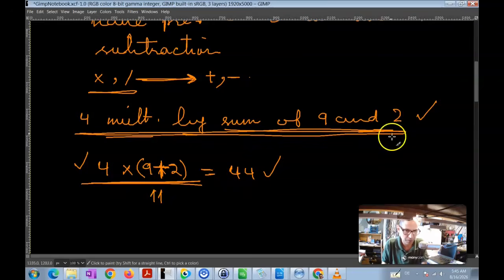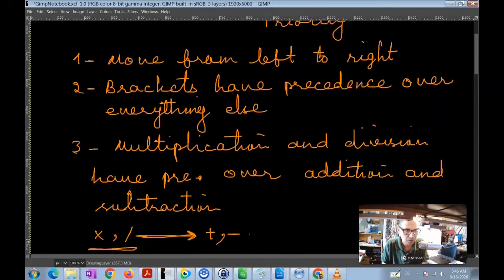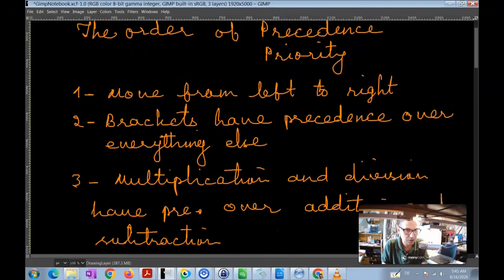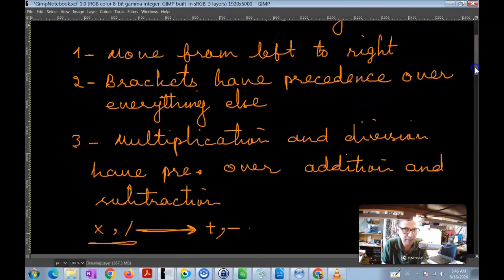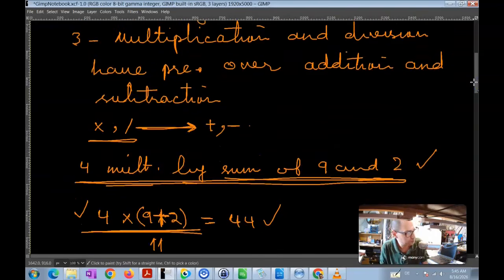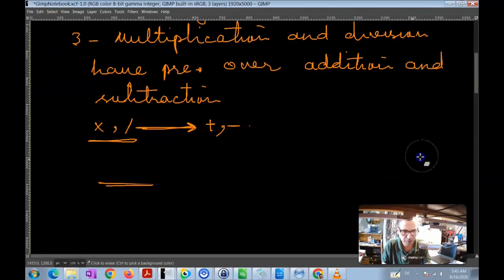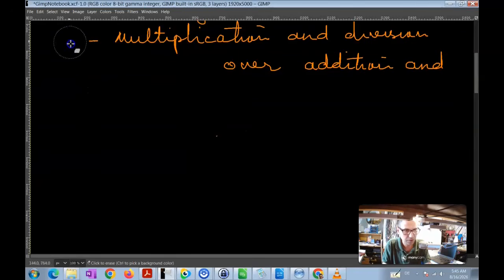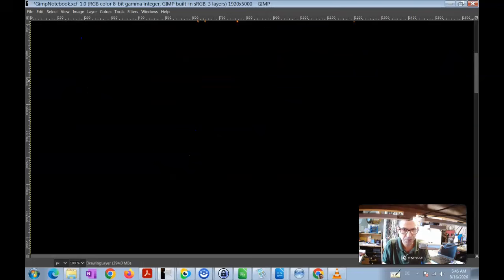So for the exact same reasons, I discuss these rules over here that you're supposed to follow, right? Otherwise I never follow rules. I always emphasize understanding, right? Now, having all of this in mind, let's take a look at a couple of expressions over here.